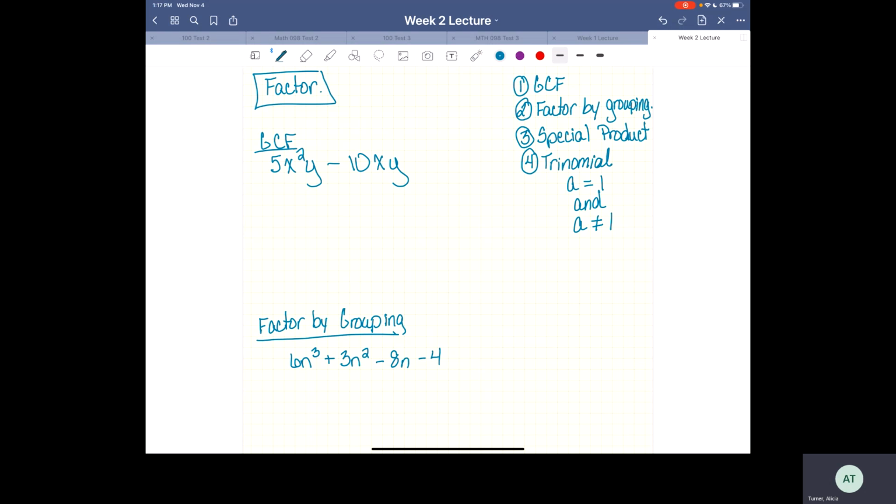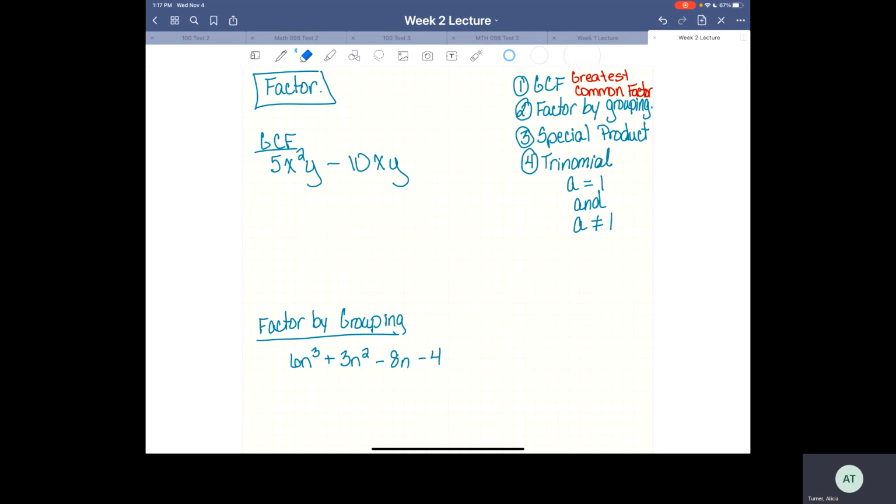One of the things that we very often forget to do is we forget to see if something has a GCF. Okay, GCF is a greatest common factor. And that is having a value, whether it's variables or numbers, that can be factored out of all of these.